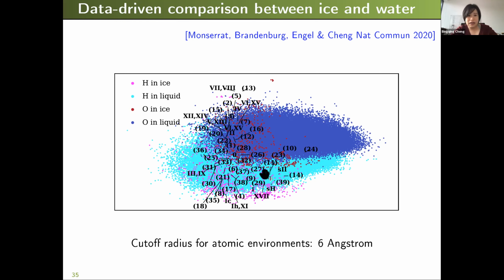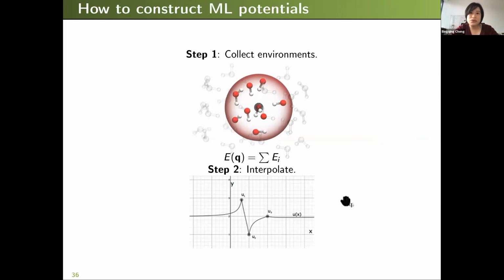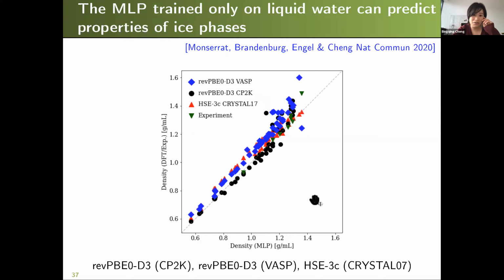So this means that when we are constructing the machine learning potential and we only train on liquid water, the potential has inadvertently seen these relevant environments for the ice phases and can thus give good predictions about these ice phases as well. To confirm this, it is again because of the simple scheme of the machine learning potential: you do an interpolation of the collected atomic environments.